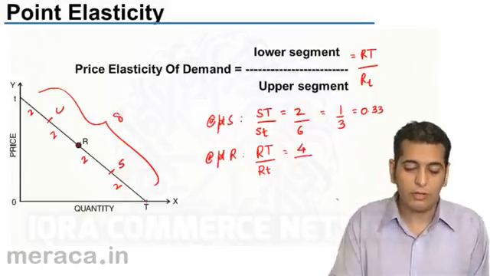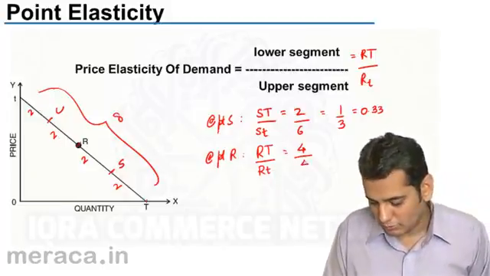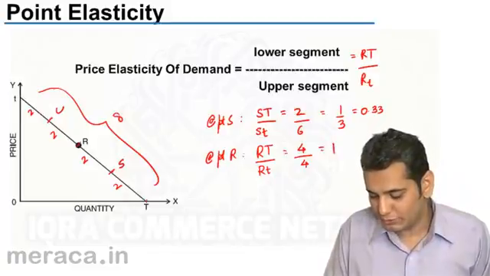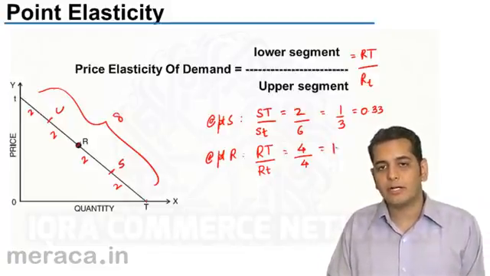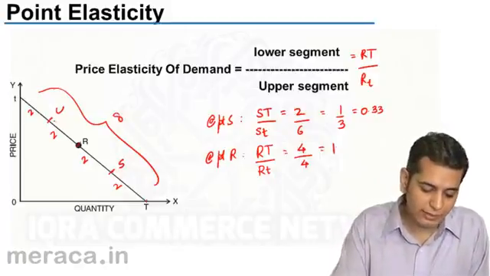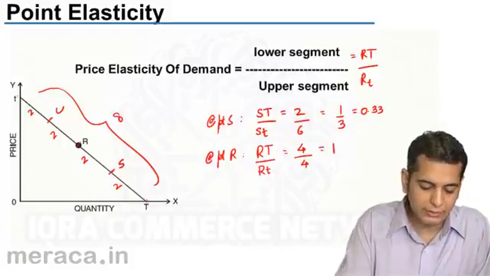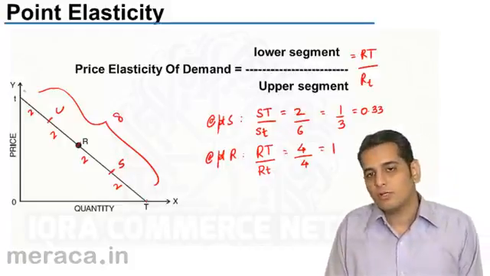And the length of upper segment is again 2 plus 2, that is 4. So the elasticity at point R is 1. Likewise, we can find the elasticity at point U, at point capital T and at point small t.